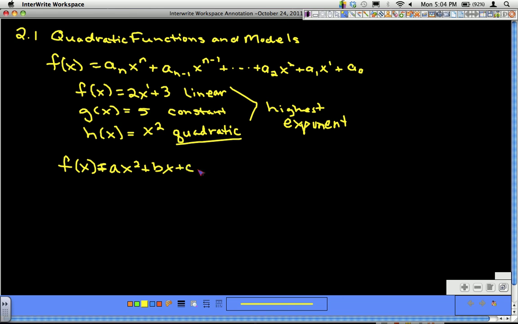Now, like we said, we're going to mainly focus in this first part on defining this. So f of x equals ax squared plus bx plus c. Its graph is a curve, either this way or this way. And then that graph is known as a parabola.